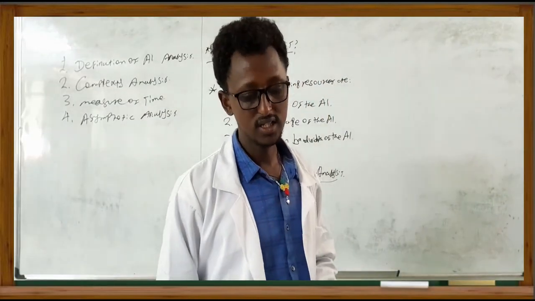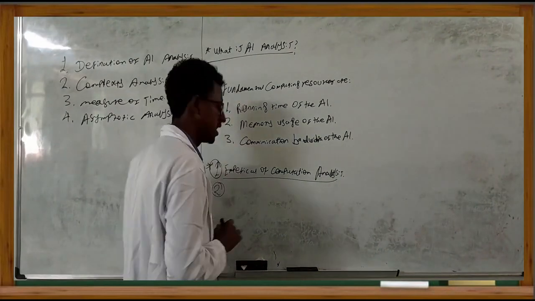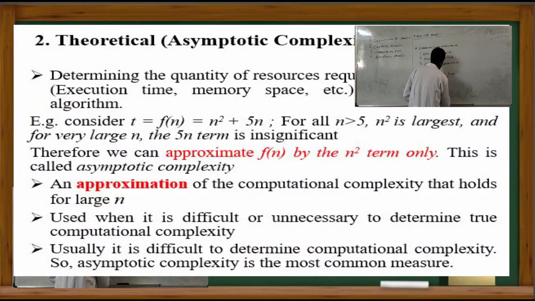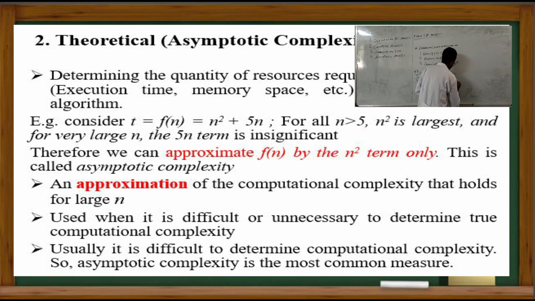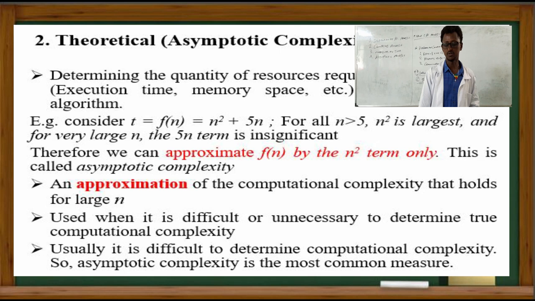The second one is theoretical asymptotic complexity analysis. These are the two approaches to measure an algorithm.